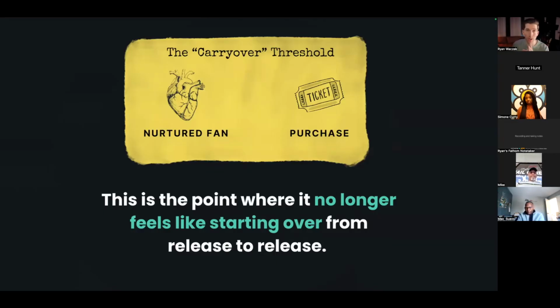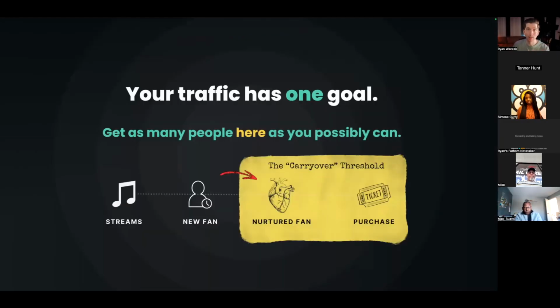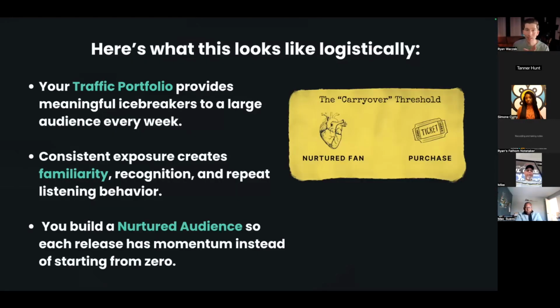And that's huge, right? If you're only focusing on streams in the beginning, and maybe some of those people are deciding to become fans, then the natural thing happens: they kind of forget about you. They end up listening to other music. The algorithms fall out of favor. So crossing that carryover threshold, getting them into the nurtured fan category, that's how you get a growing listener base across your releases.